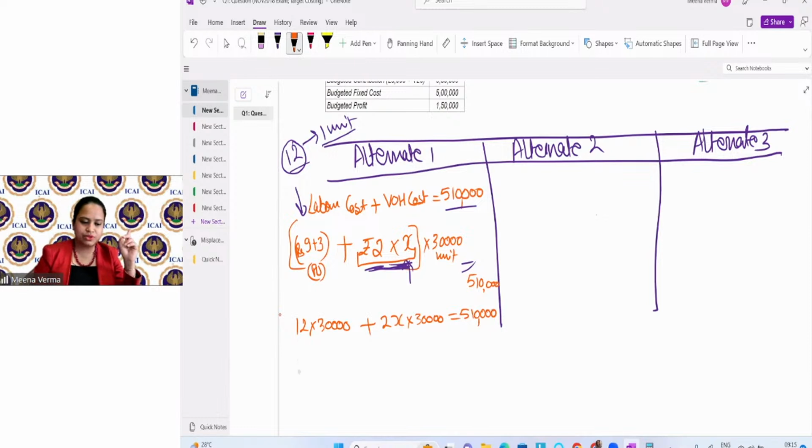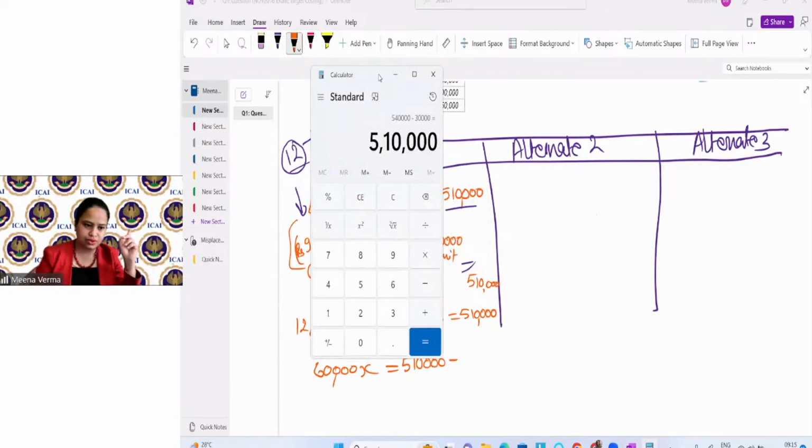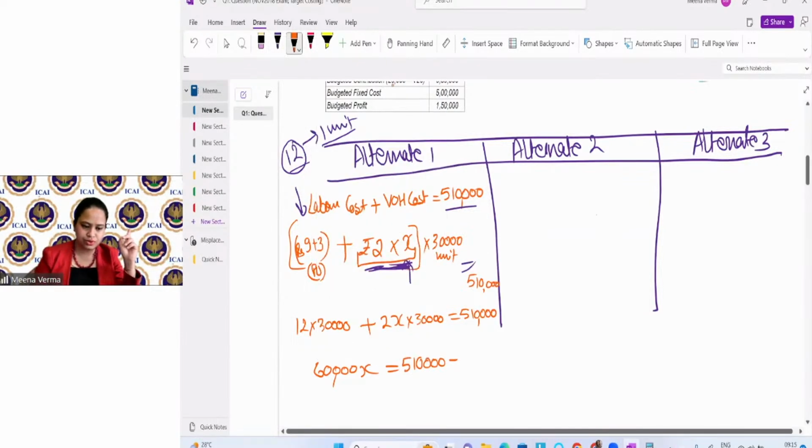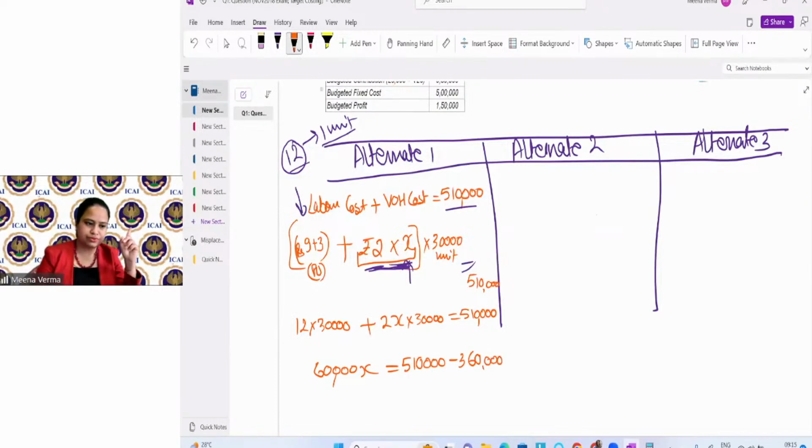Now what will happen? 60,000x is equal to 5,10,000 minus 12 into 30,000, which is 360,000.